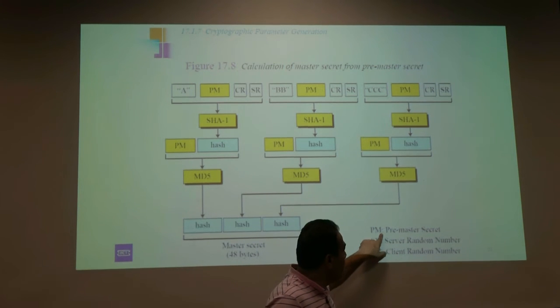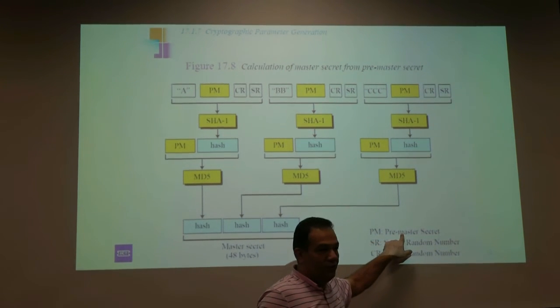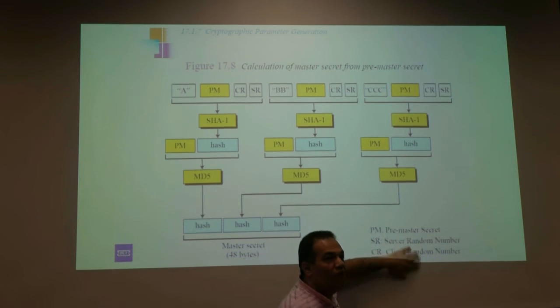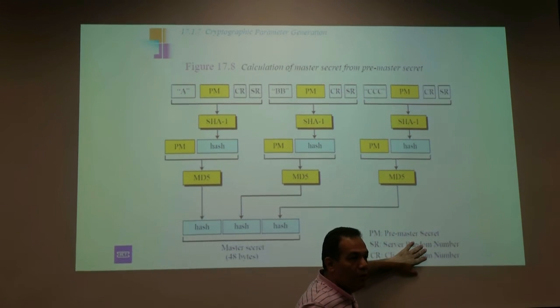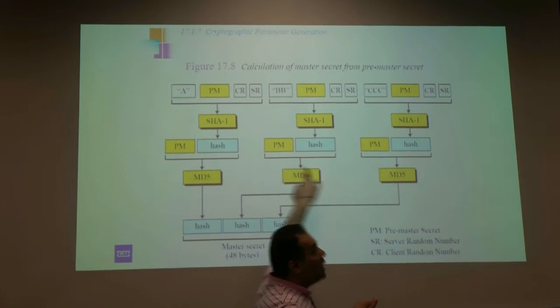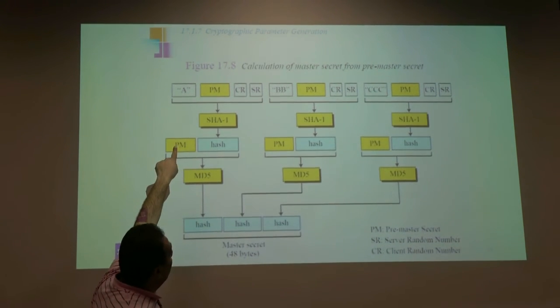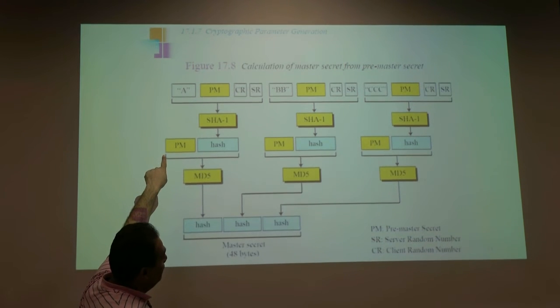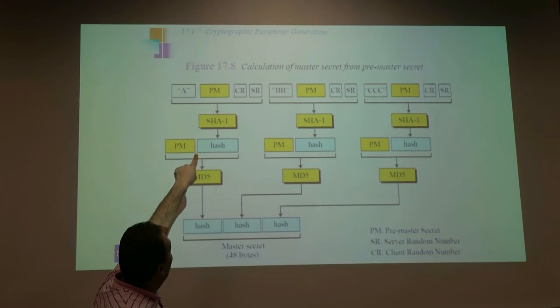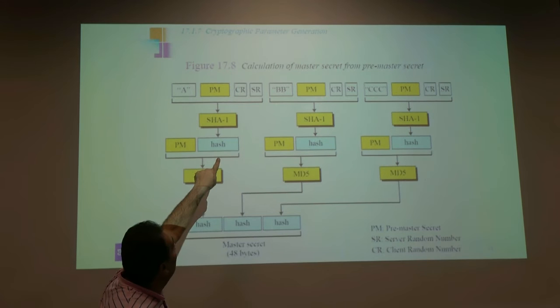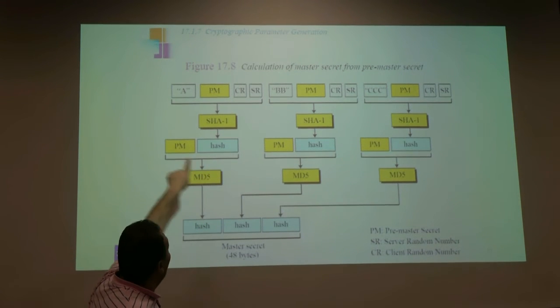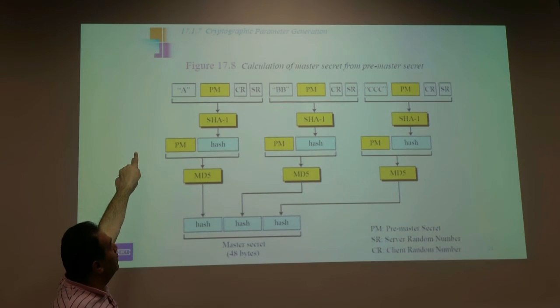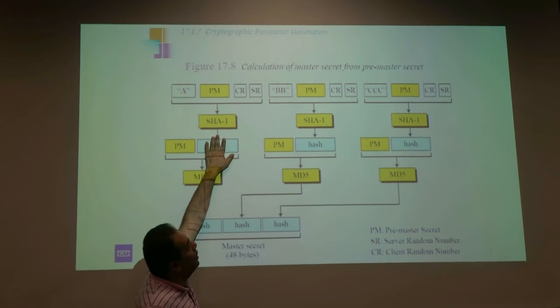And then both of them will work in creating the master secret. So we're going to use these three, the pre-master secret and the two random numbers, to create the master secret as follows. You put the pre-master secret with the client random and the server random, and you prepend it with A. You pass it to SHA.